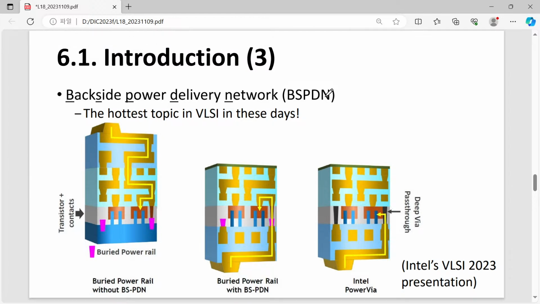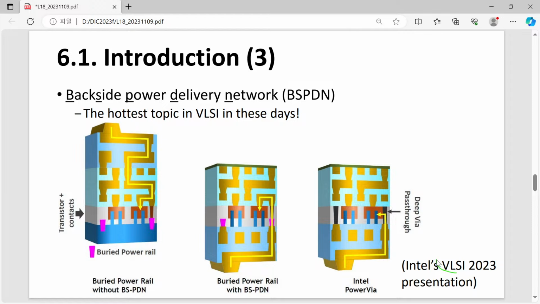In these days, we have two major international conferences on semiconductor devices. One is called IEDM, and one is VLSI Technology. IEDM is annually held in December, and VLSI in June. So they are separated by just half a year.